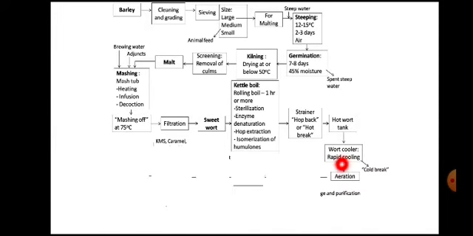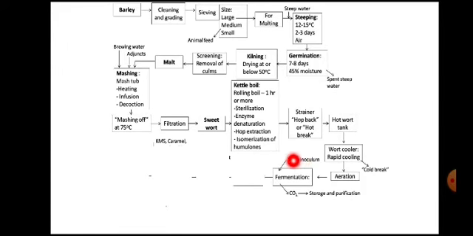During cooling also there may be formation of some insoluble impurities which should be separated, called as cold break. Then after attaining desirable temperature the wort is aerated. So a desirable amount of dissolved oxygen must be present in this aerated wort.